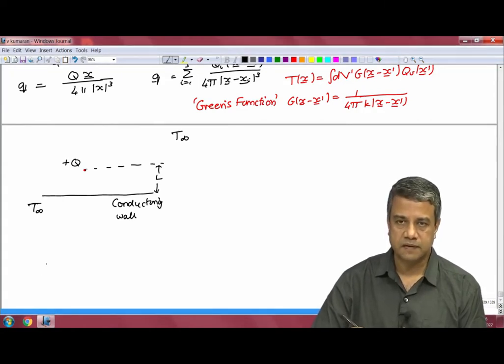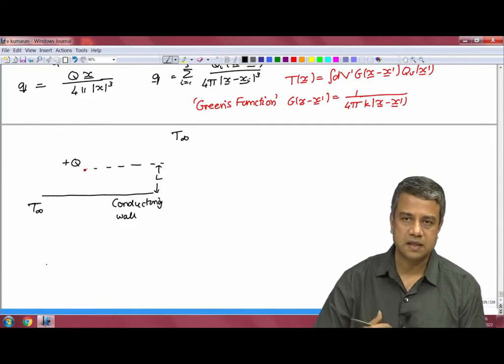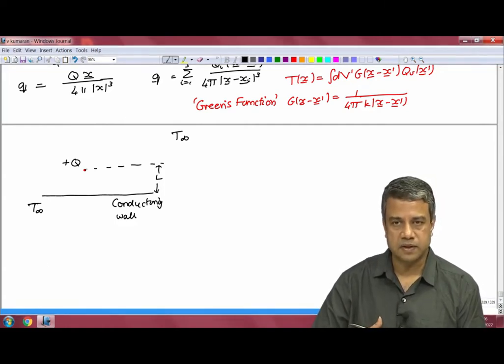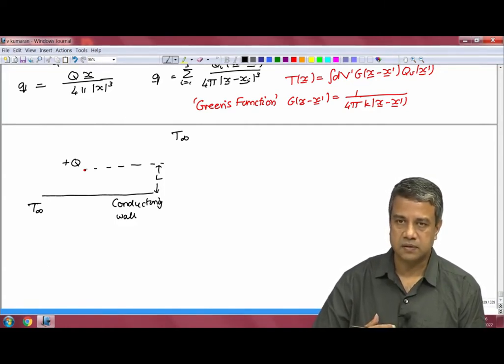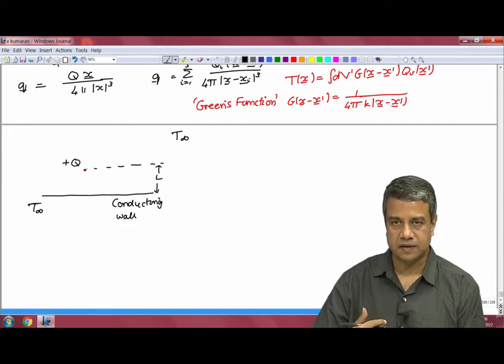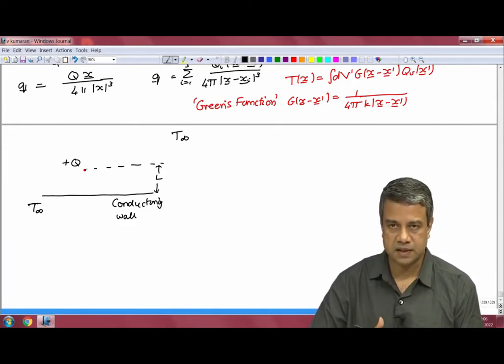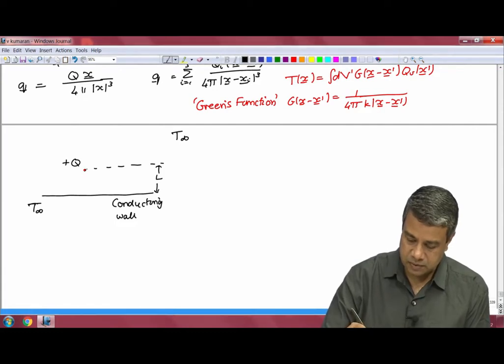That means that the flux lines are perpendicular to the wall, because the flux lines are in the direction of the variation of temperature. The flux line goes along the gradient of the temperature, negative of the gradient in fact. So, the flux lines have to be perpendicular to the wall, if it is perfectly conducting.